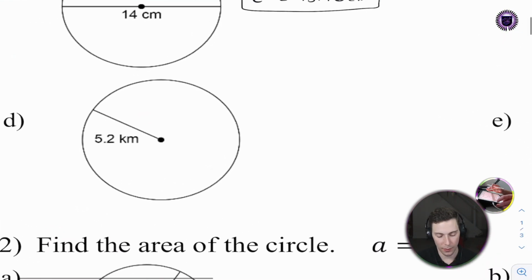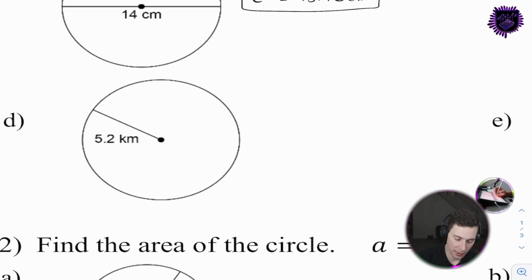Okay, it's giving you the radius again, so we have to multiply that by 2, which gives 10.4. So circumference will be equal to diameter times pi.